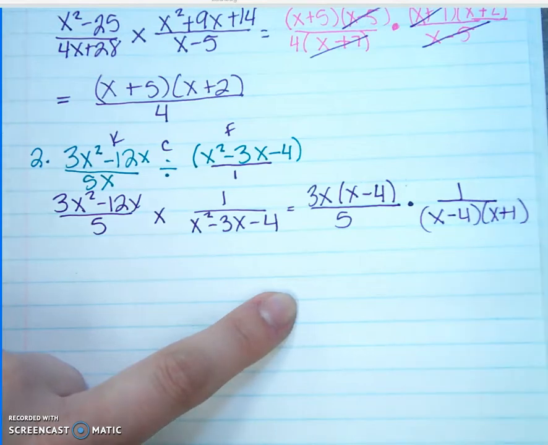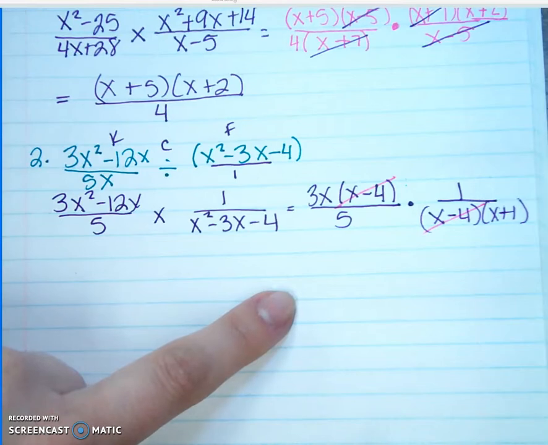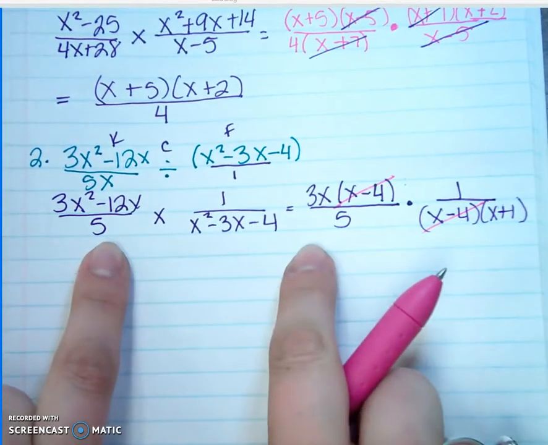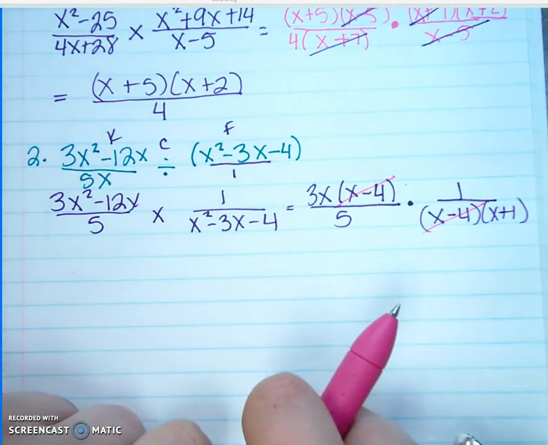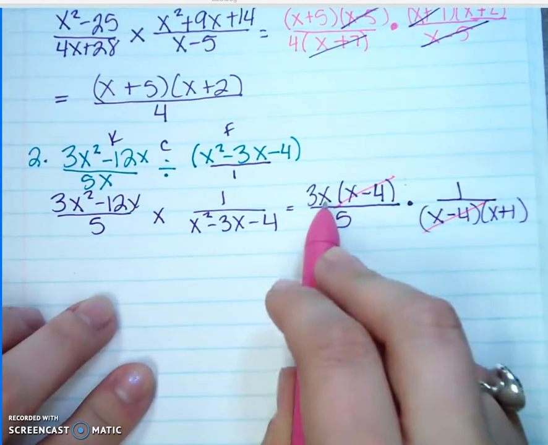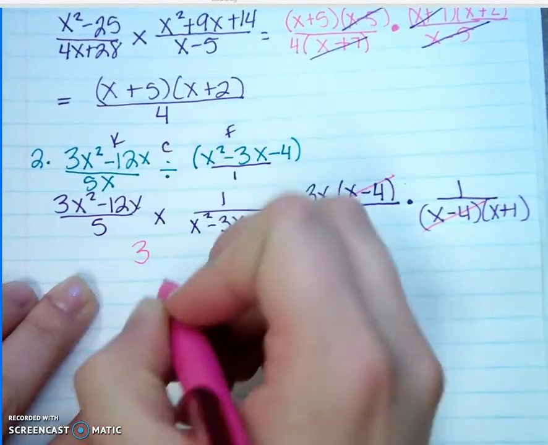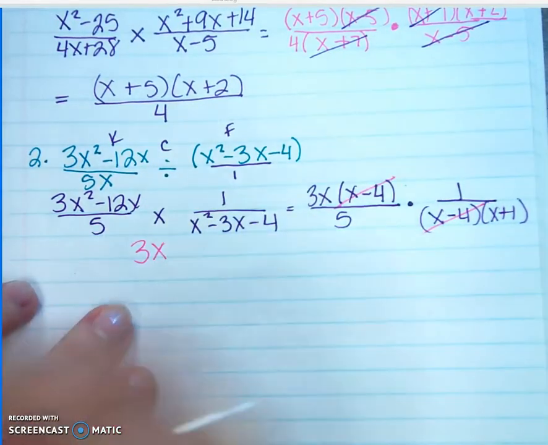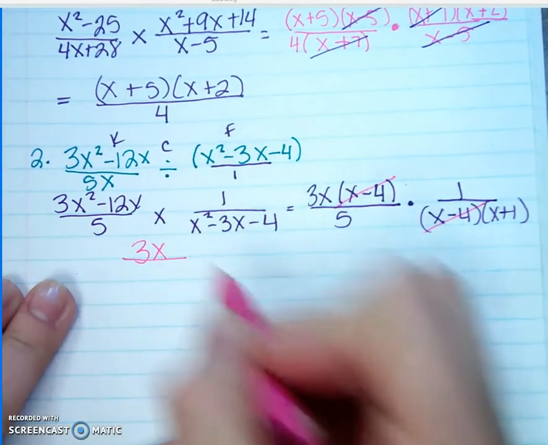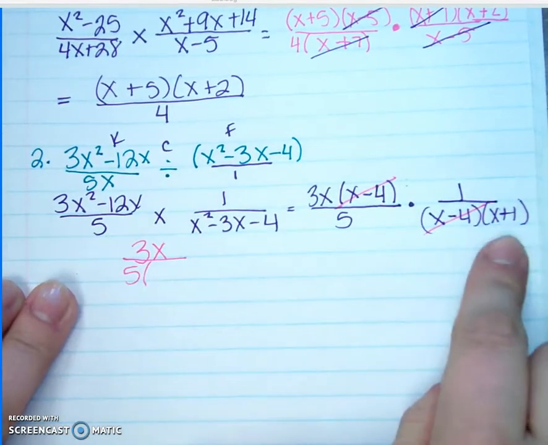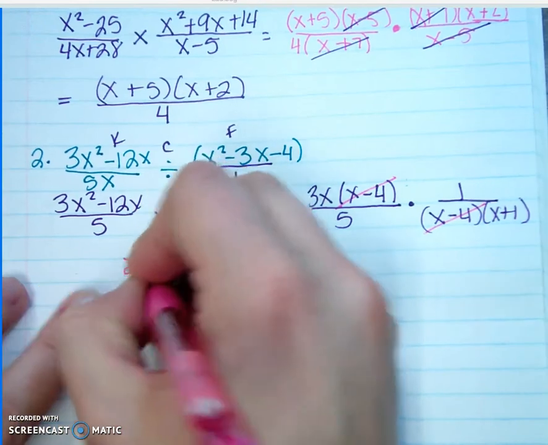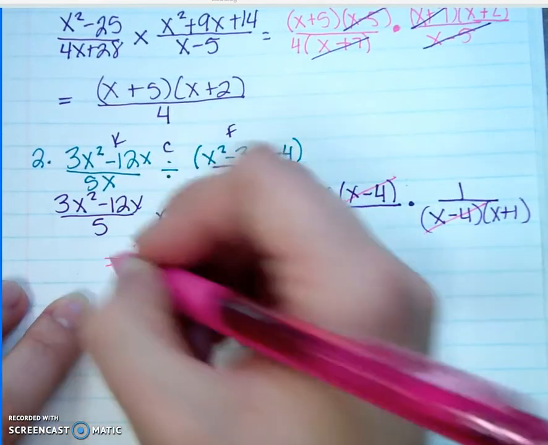I can cancel the x minus 4 and the x minus 4. Yep, that looks like it's it. So we're going to have left then this 3x times 1, which is just 3x, over 5, and I'm left with x plus 1.